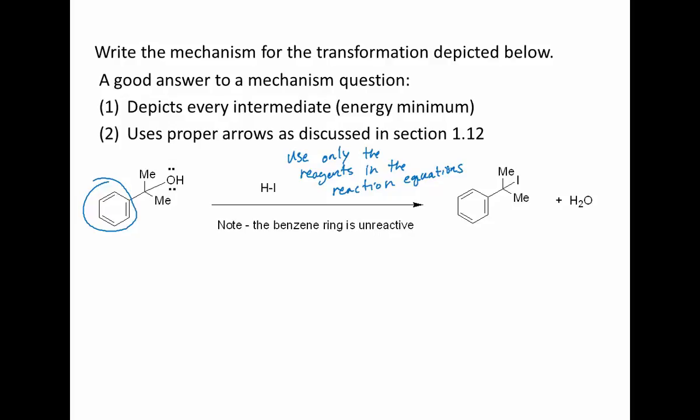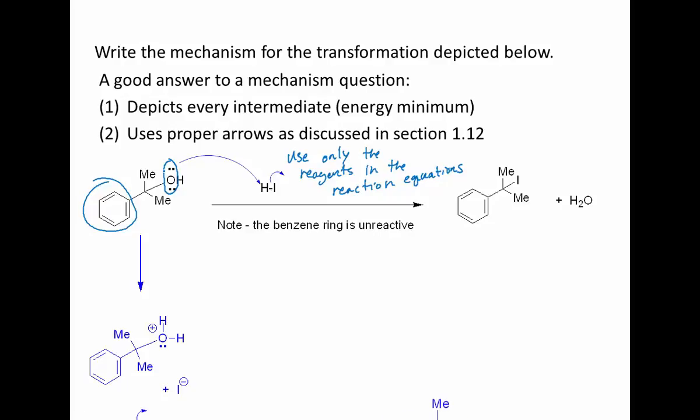Okay, so we have one step where we're going to protonate the alcohol. Here's another thing. Oftentimes when organic chemistry professors go to all the trouble of drawing a lone pair, they mean for you to use them. Okay, that's not always the case, but that's just a hint here. So this is going to give us this ion pair right here, protonated alcohol and I minus.